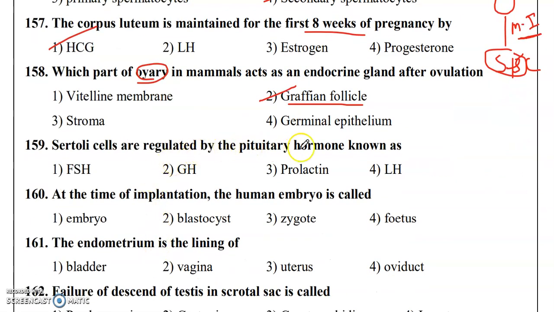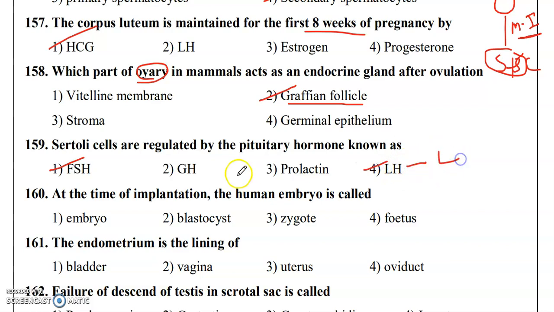159. The Sertoli cells are regulated by the pituitary hormone known as what? The answer is FSH, follicle stimulating hormone. LH acts on Leydig cells, and FSH acts on Sertoli cells.